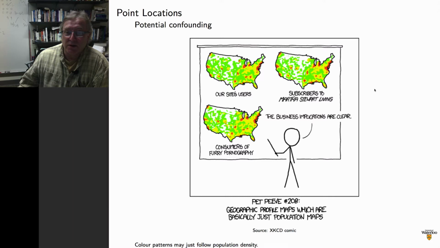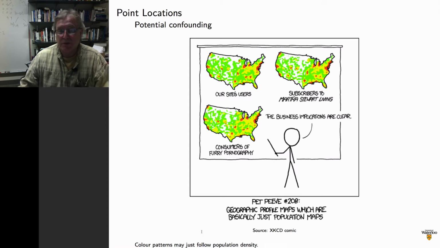In this case, these patterns look alike, not necessarily because there's a relationship between any of these third variates, but rather there's a lurking variable, this population density. So this is just showing population density. So be very wary of that when you see spatial data and locations, whether you're just reflecting something else, the confounding variable, typically population density.